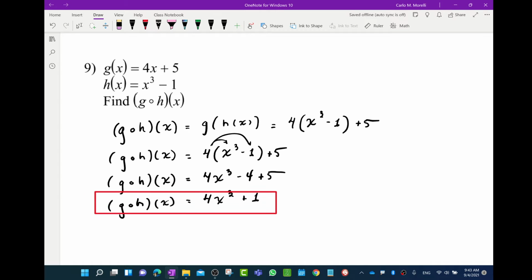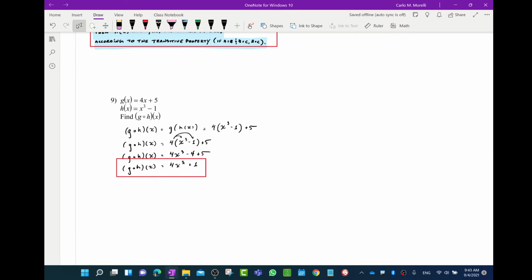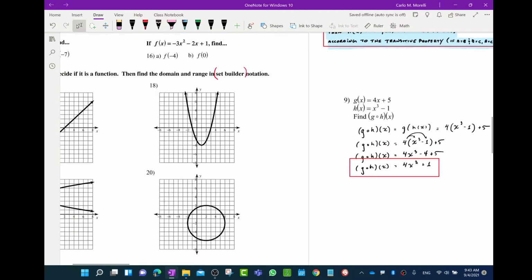So function composition is something that you've been doing every single time you've validated your inverse function. It's the same thing. It's just a different notation. So let's go back. So 4x cubed plus 1.